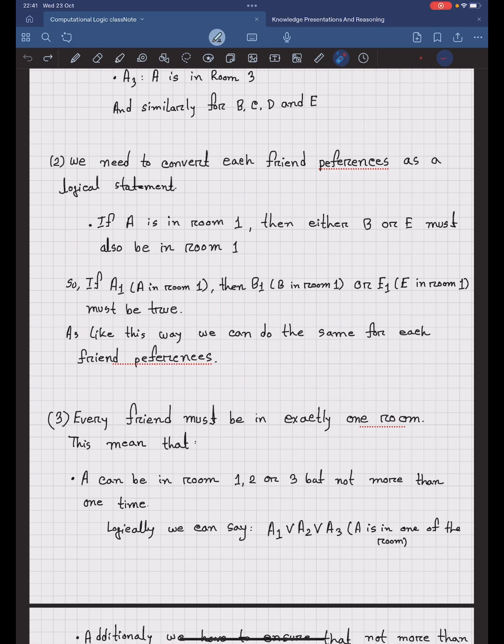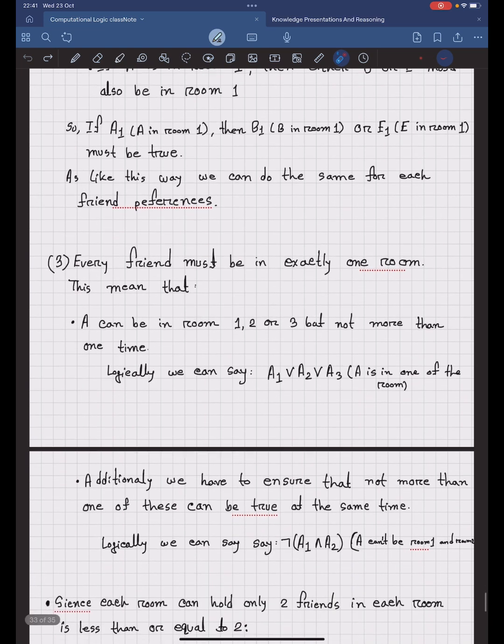If your A friend chooses room 1, she cannot choose room 2 or room 3. Okay, these two rooms will be empty. Let's say your B friend chooses room 2, he cannot choose room 1 and 3.